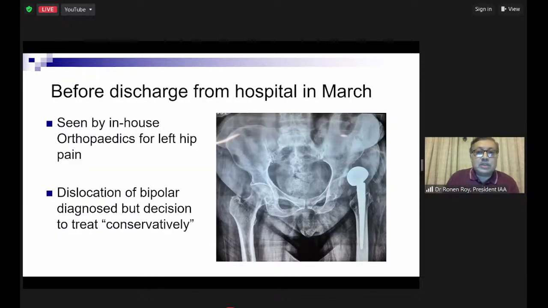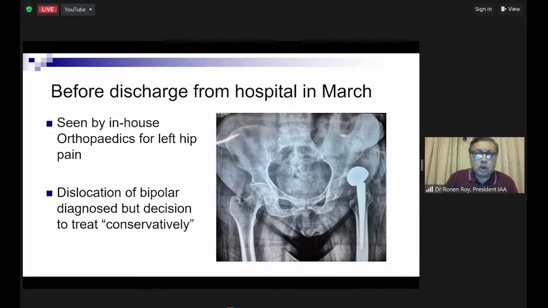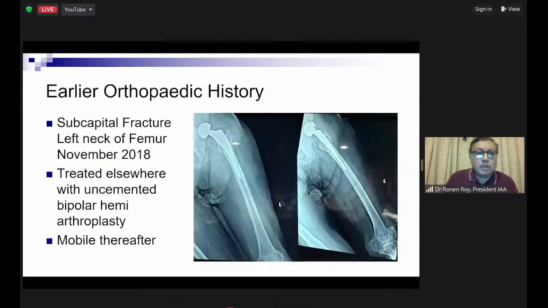Before discharge after her conservative treatment, she wasn't able to walk and she was beginning to complain of pain in her left hip. That's when the in-house orthopedic surgeon saw her and decided, in view of her multiple comorbidities and the fact that the neurosurgical team did not give clearance to operate, to treat her conservatively, and she was discharged home.